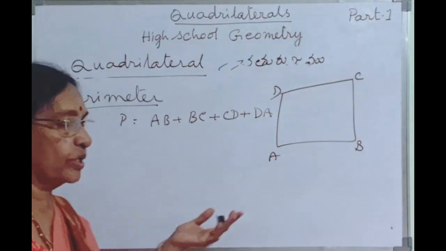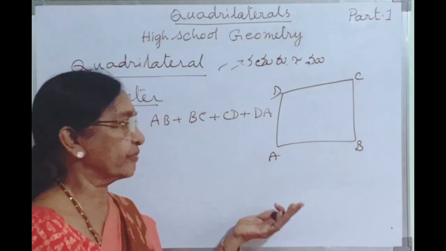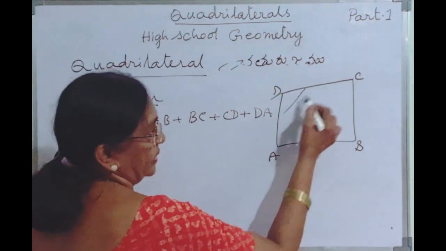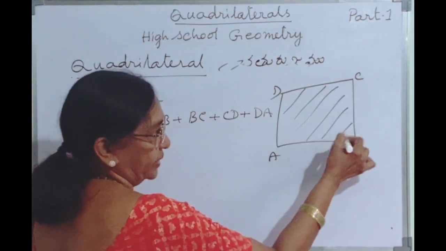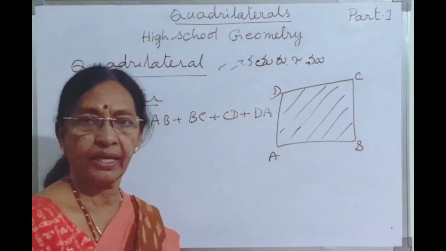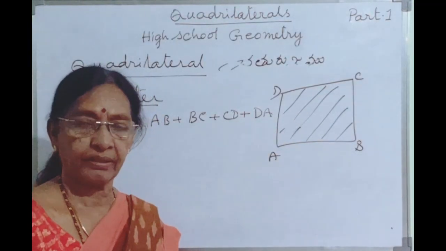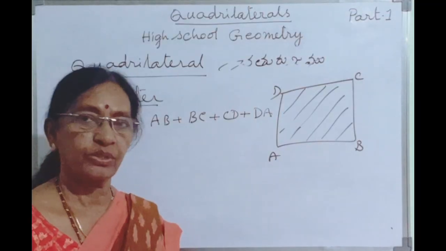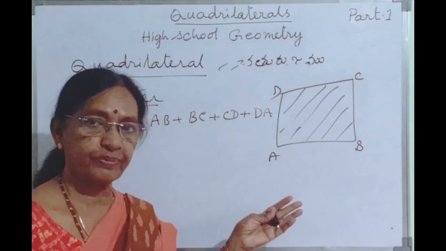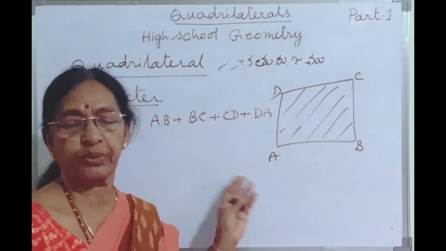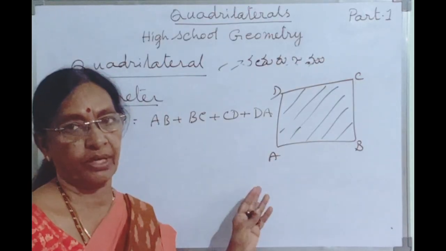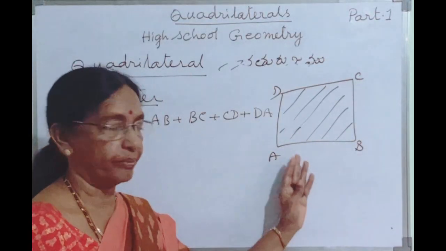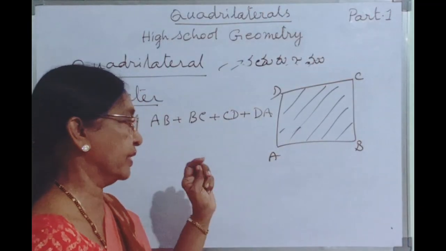Area of the quadrilateral is the area of the interior of the quadrilateral. There are different formulas for different types of quadrilateral. So, different types of quadrilateral గురించి చదివేటప్పుడు వాటి ఏరియాస్ ఫార్ములాస్ కూడా చదువుతాం. సో ఇక్కడ పెరిమీటర్ అంటే సమ్ ఆఫ్ ది sides of the quadrilateral.